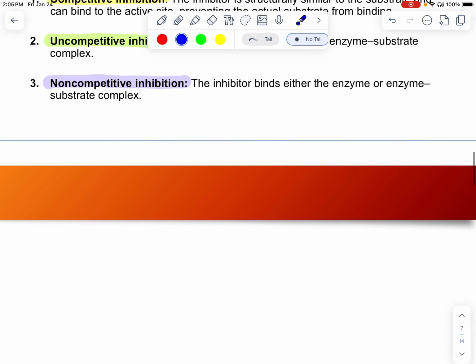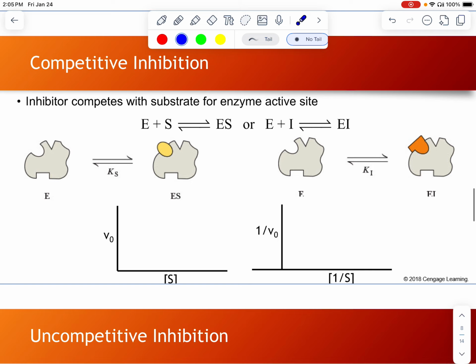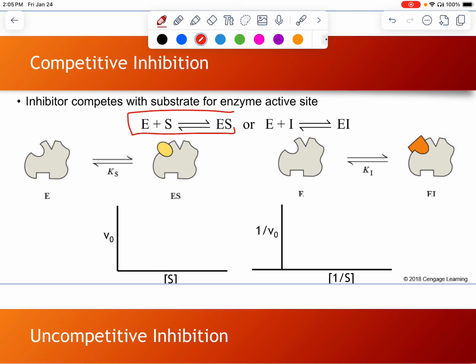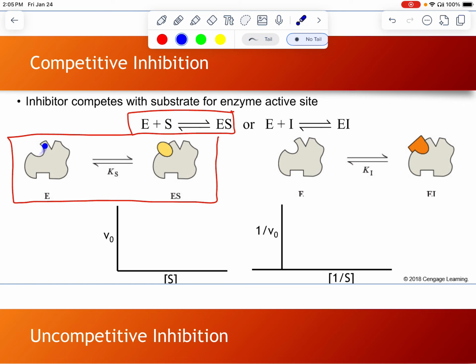All right, let's look at competitive inhibition. So we have 2 possibilities. First of all, let's orient ourselves. We know that the enzyme and substrate will bond into the enzyme substrate complex, and we're showing that right here in this box. So we have the enzyme. It has this active site, and the substrate shown in yellow bonds to that active site.